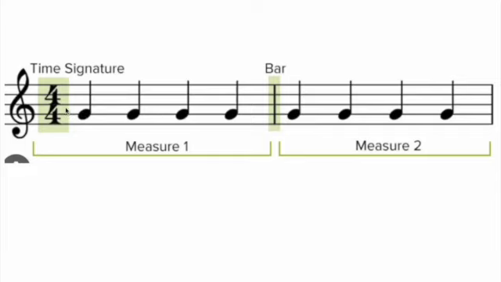And so, of course, the most simple example to start is a 4/4 time signature. What this is telling us is that there are four quarter notes, or the equivalent of four quarter notes, in every single measure. And again, I wouldn't overthink that at this point. We'll do another mini lesson that delves really deeply into time signature.